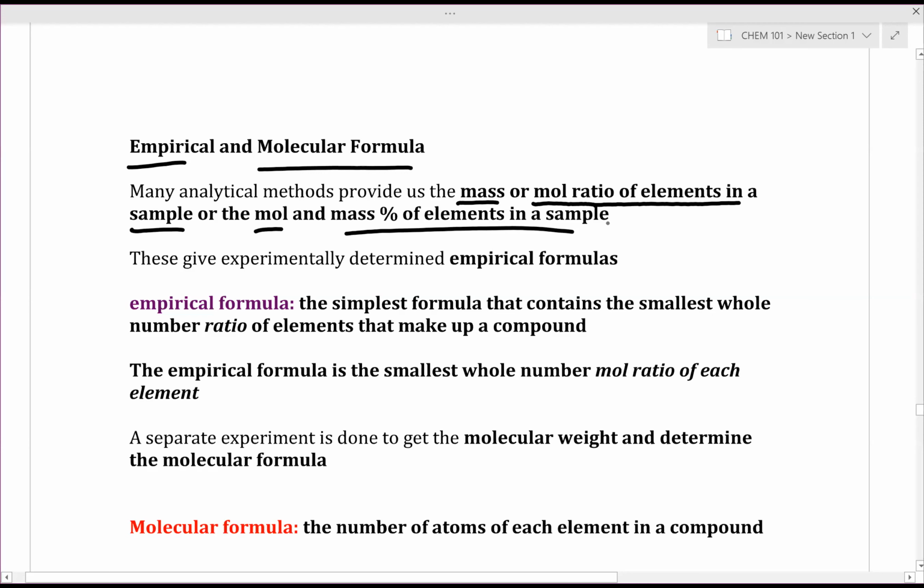Very rarely can an analytical method tell us exactly how many atoms are found in a given molecule. They can only tell us the ratio of atoms.